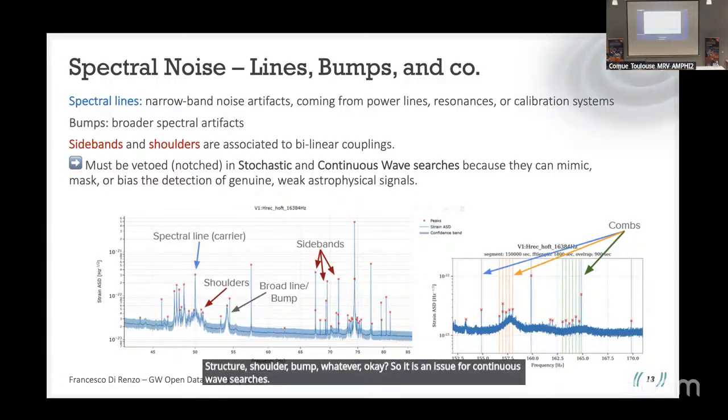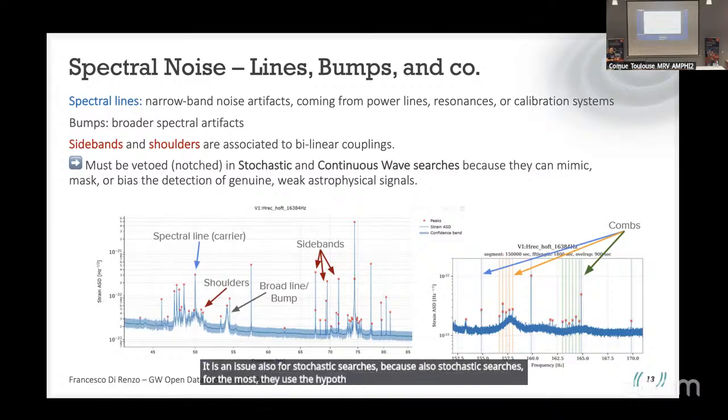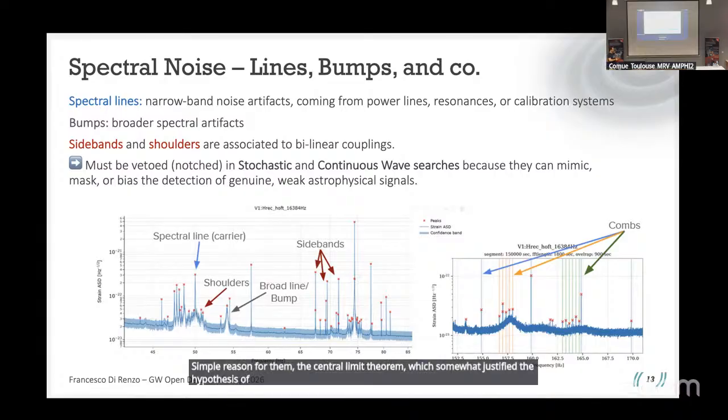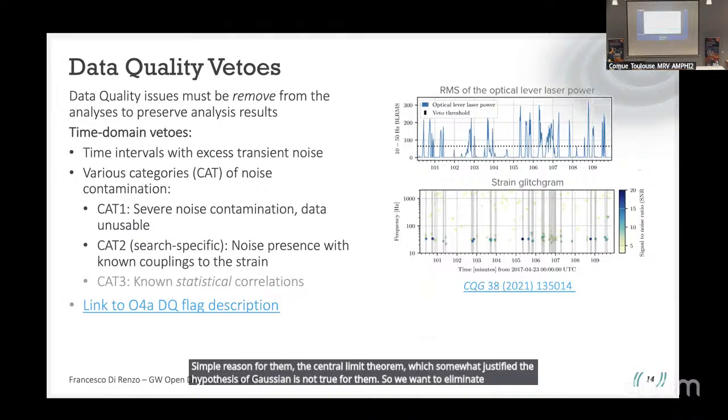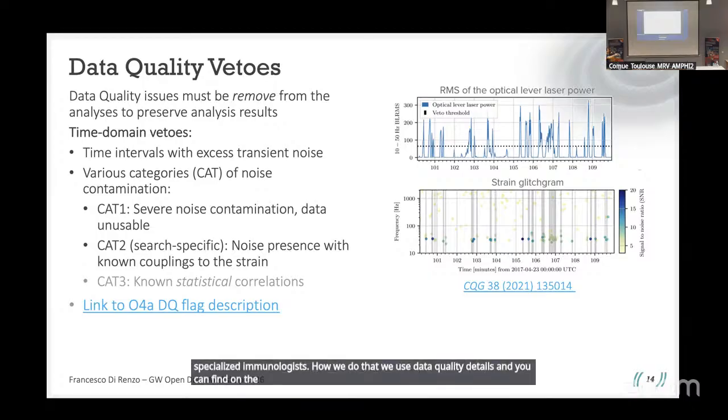It is an issue also for stochastic searches, because for the most part they use the hypothesis of Gaussianity of the data, but spectral lines are not Gaussian. The simple reason is that the central limit theorem, which somewhat justifies the hypothesis of Gaussianity, does not hold for them. So we want to eliminate spectral lines from the analysis. How do we do that? We use data quality vetoes, and you can find on GWOSC a substantial amount of vetoes.